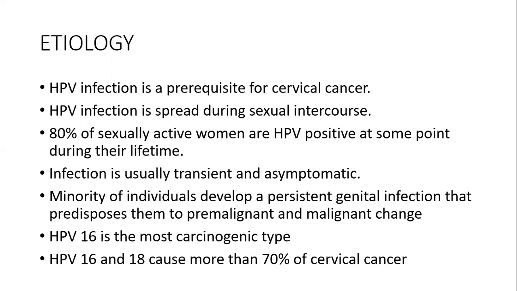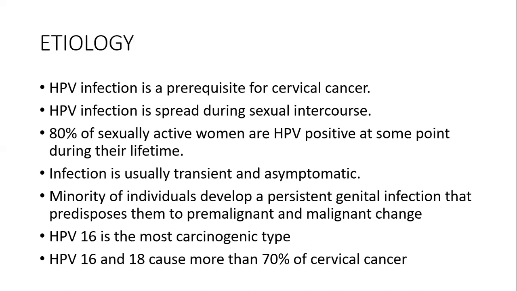With the initial infection, the process is usually transient and the patient is asymptomatic. Most women will end up clearing this infection. However, in some minority of individuals, there's a persistent genital infection, which predisposes them to pre-malignant and malignant changes over a span of 15 to 20 years.